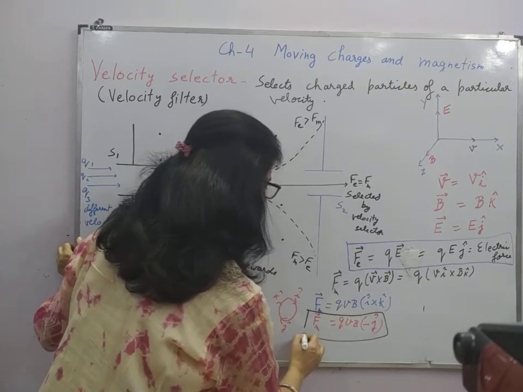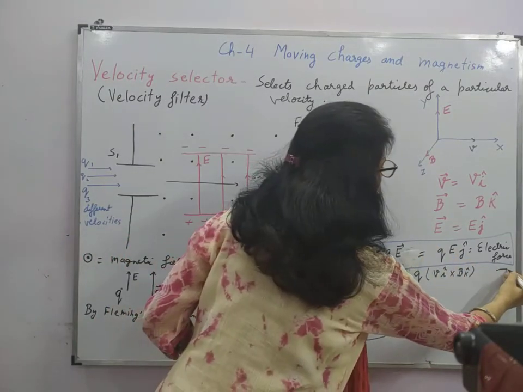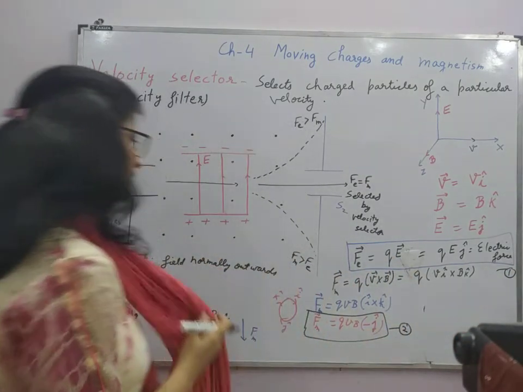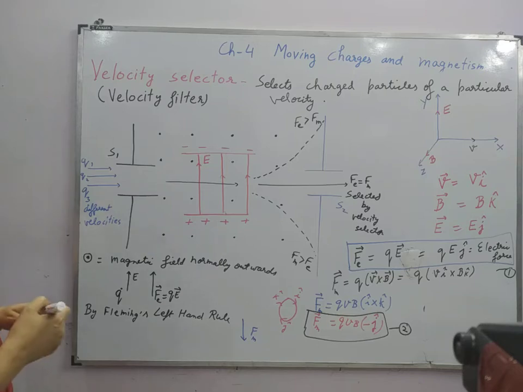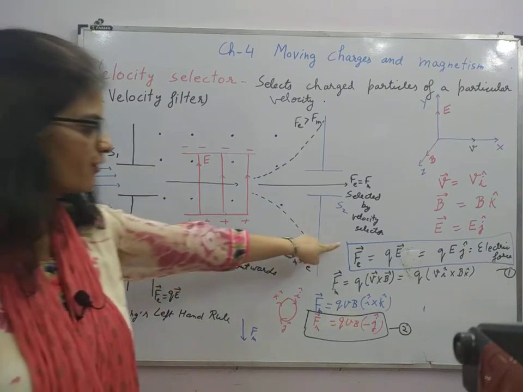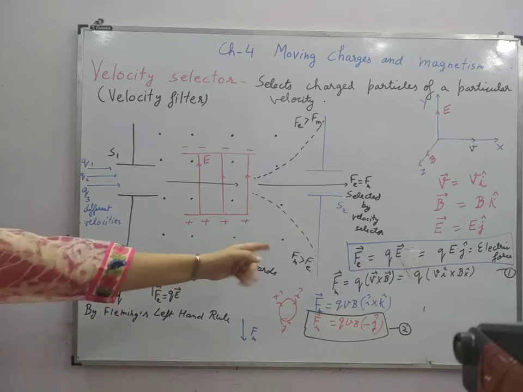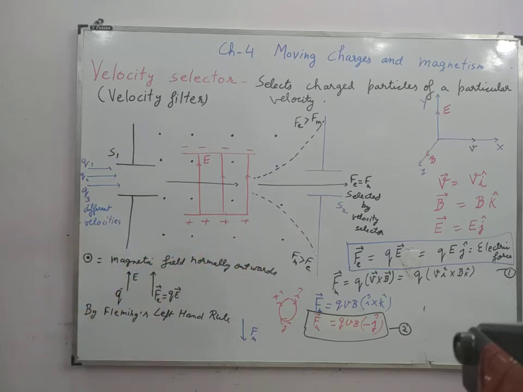Let's mark these as equation 1, equation 2. So from 1 and 2 it is clear that electric force and magnetic force are opposite to each other, which we have derived from discussion also, and here by vectors we have derived it, right?